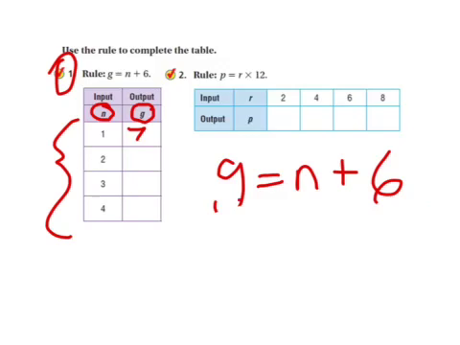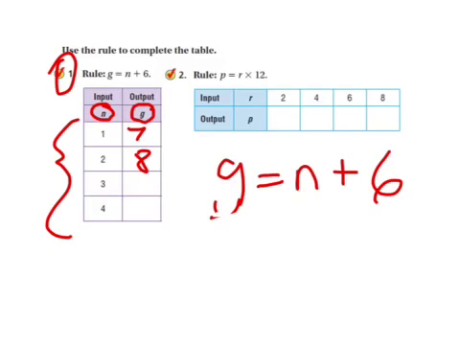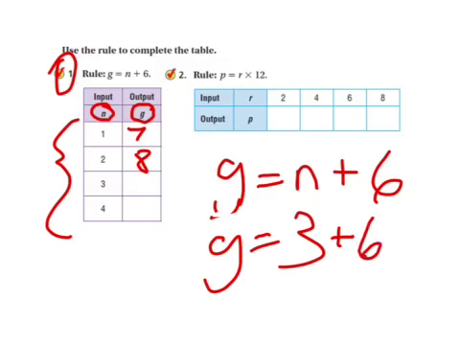So if our input is 2, we replace n with 2, copy all the other parts of the equation, and we get 8. So 8 is our next output. Our next input is 3, so we replace n with 3, copy everything else down, and we get 9.